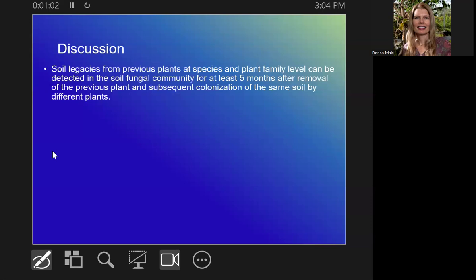They could detect a legacy for at least, so they were testing at 1 month, 3 months, 5 months, taking samples. And they said all the way out to 5 months that they could see in the soil fungal community there was a legacy in that group.